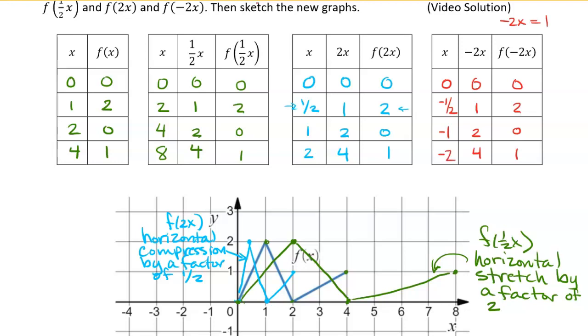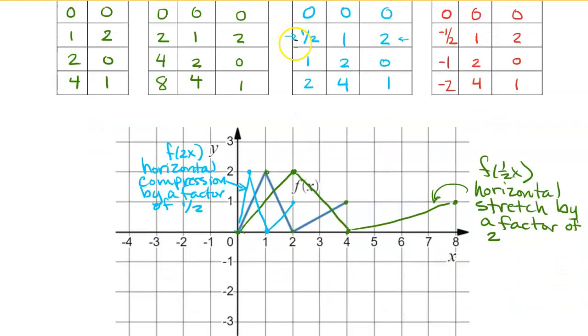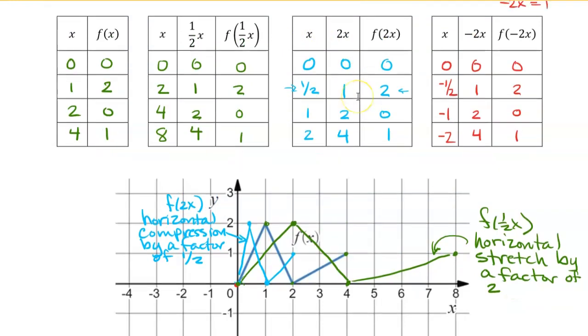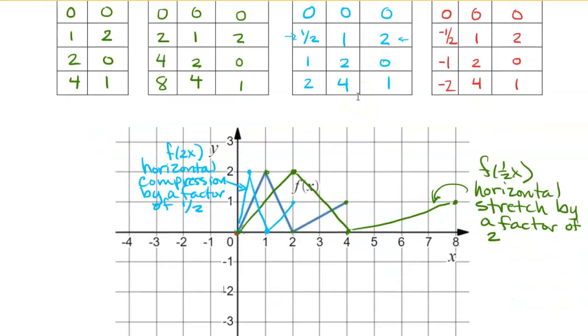All right. So now we have a bunch of x and f of x values, and we can just plot those points. So I'm just going to scroll down a little bit. So we have 0, 0 on the graph. We have 1/2, comma 2.